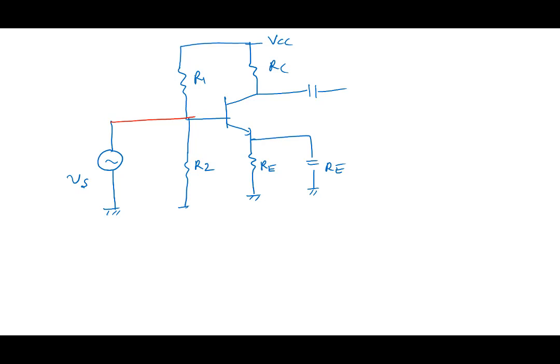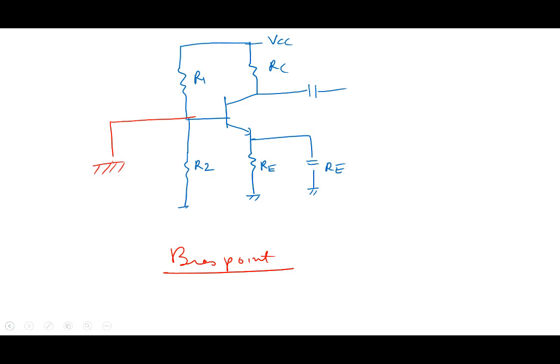Short, right? So to find the bias point, I will remove this here and consider this as a short. I will put this as ground. So now this node becomes 0. To bias it I need 0.7.